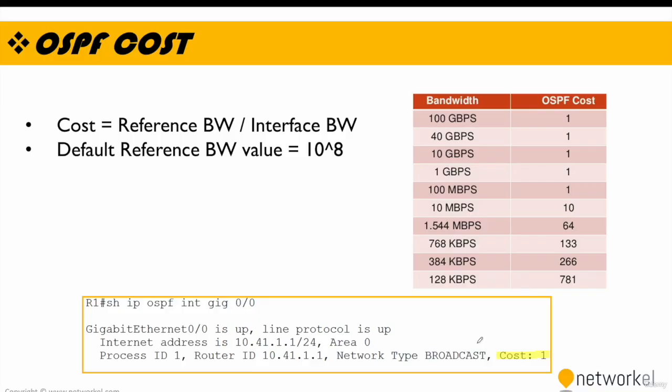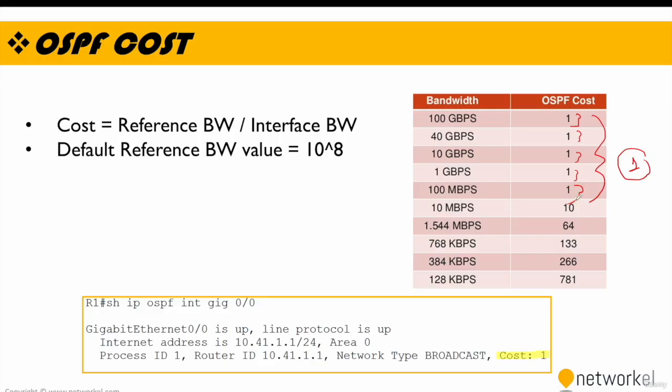According to the default OSPF metric cost calculation, the default OSPF cost for Fast Ethernet and gigabit interfaces is assumed to be the same. So 100 gigabit per second, 40 gigabit per second, 10 gigabit per second, 1 gigabit per second, and 100 Mbps all have the same cost, which is 1.